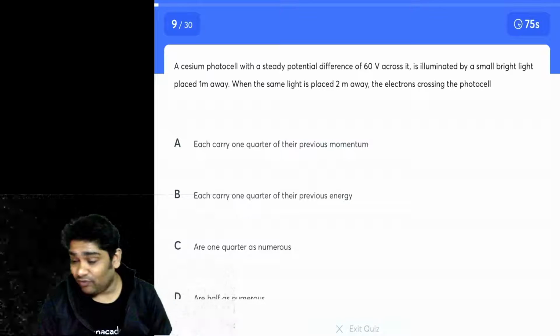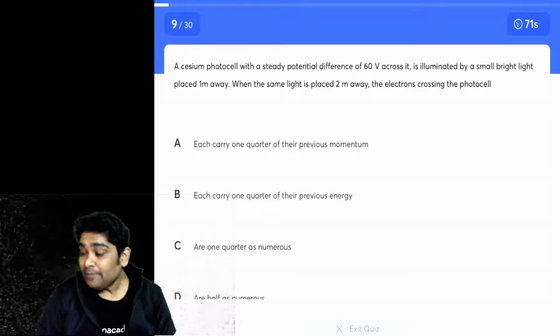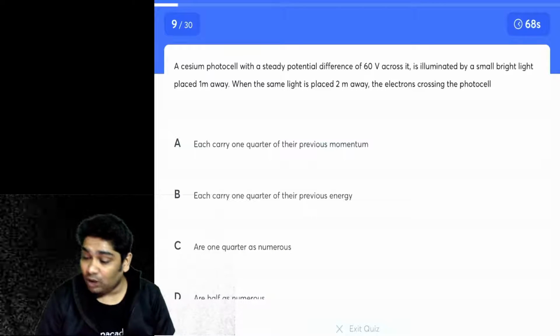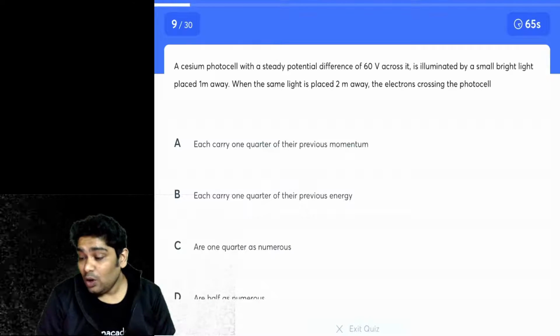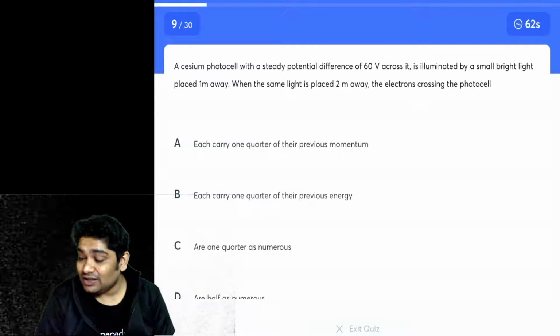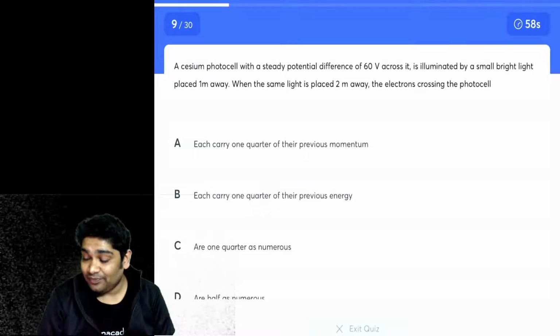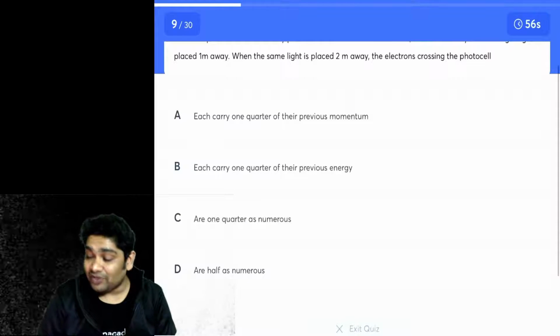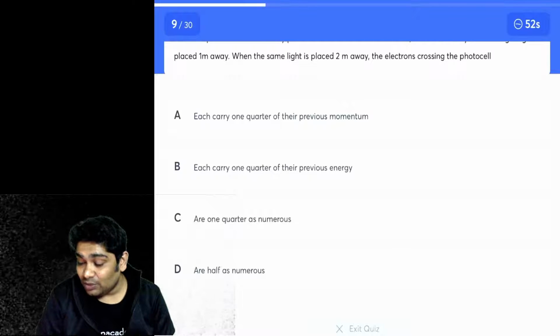A cesium photocell with a steady potential difference of 60 volt across it is illuminated by a small bright bulb placed 1 meter away. When the same light is placed at 2 meters away, the electrons crossing the photocell carry 1/4 of the previous momentum, 1/4 of the previous energy, are 1/4 as numerous, or are half as numerous?